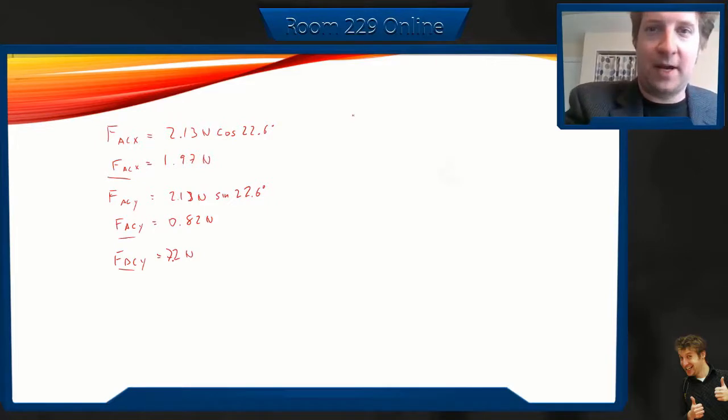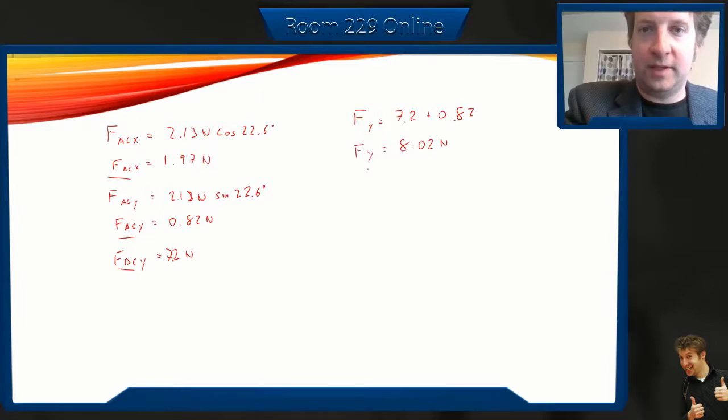So then my total in the y direction is going to be 7.2 plus 0.82, which is going to give me 8.02 newtons. And so that's the y component of my final answer. My x component is just going to be the 1.97 newtons.